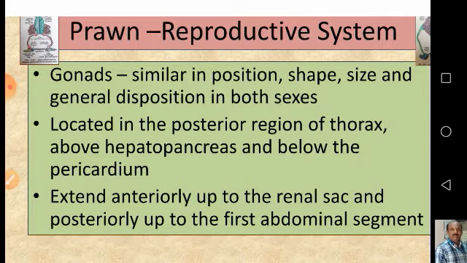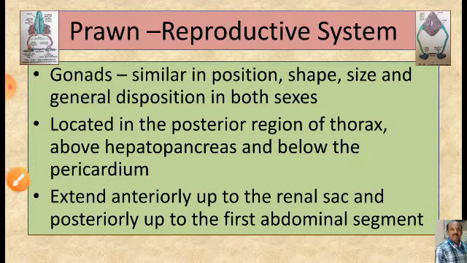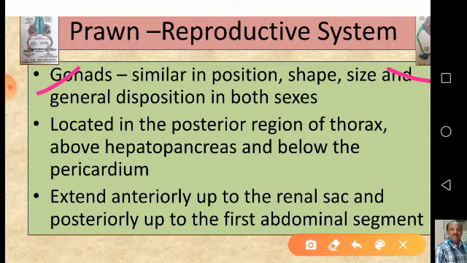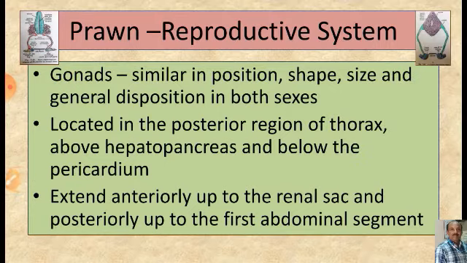Now you can see here, this one and this one are almost the same. On the upper part of the slide, you can see the same position, same shape, almost same size and general appearance in both sexes. Now, where are they present?